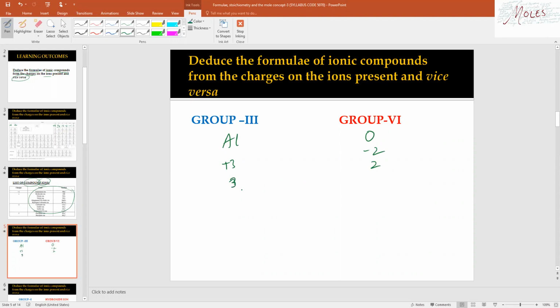These will be written as subscripts and these will be swapped. We will get Al2O3. The name is aluminium oxide.